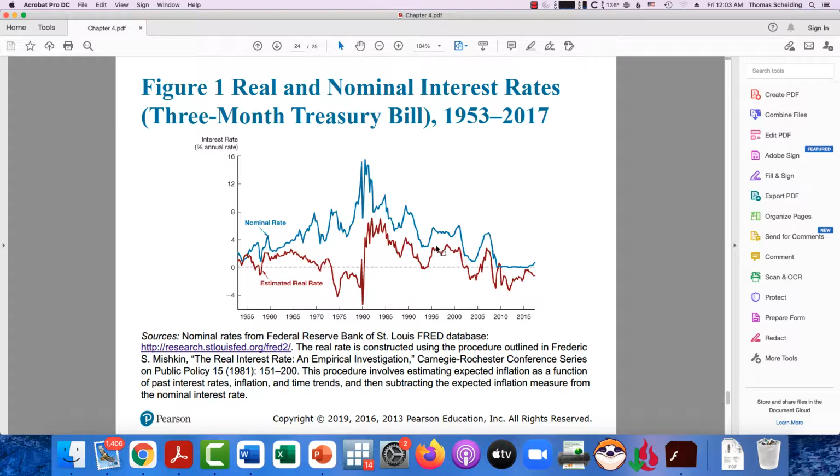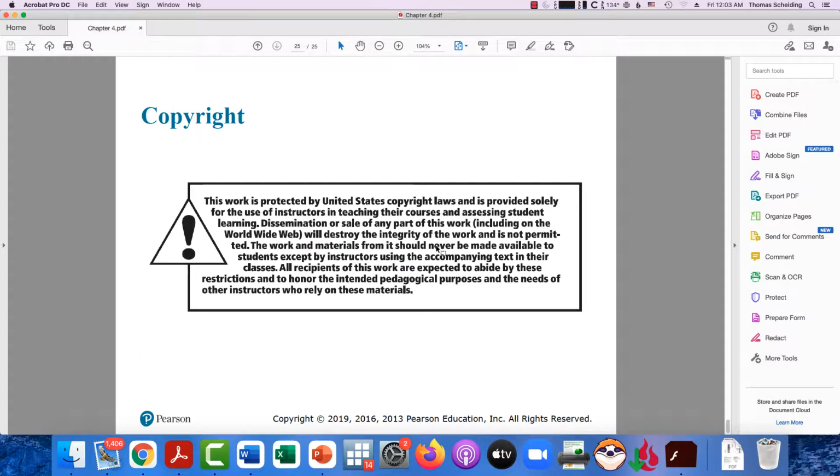In general, we should see the real rates and nominal rates move closely with one another, with the difference between the red line and the blue line being the inflation rate from an expected basis. Okay.